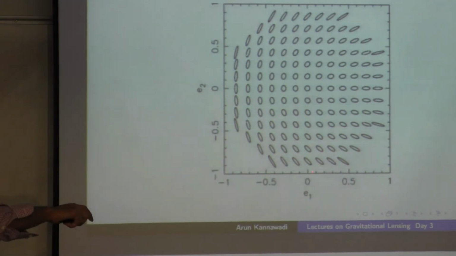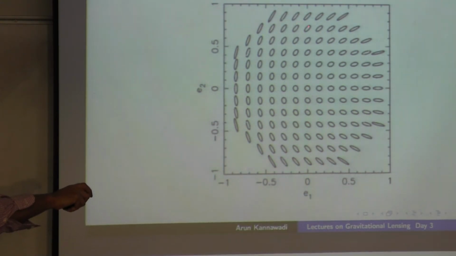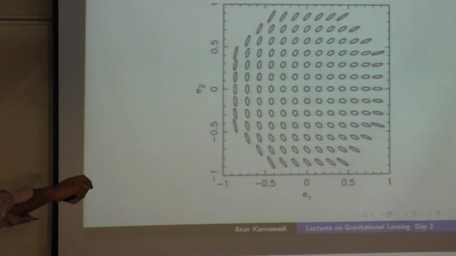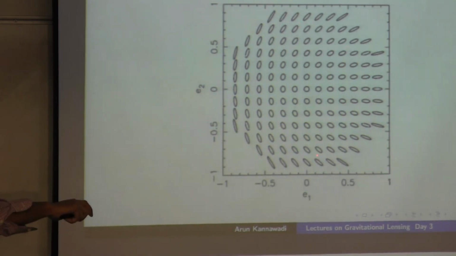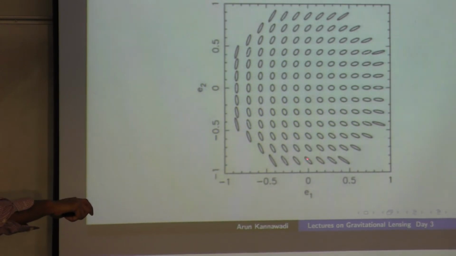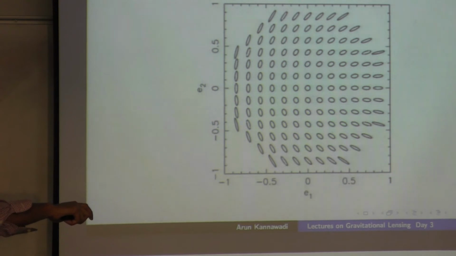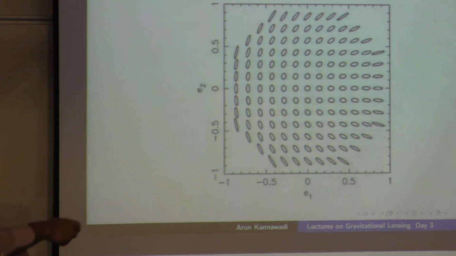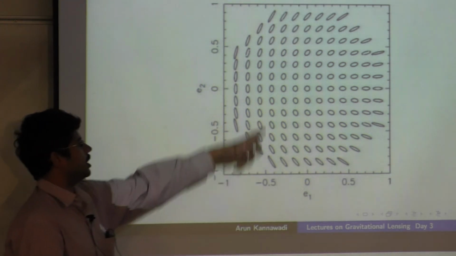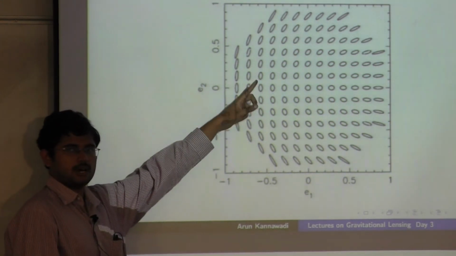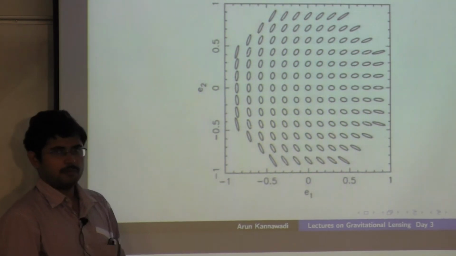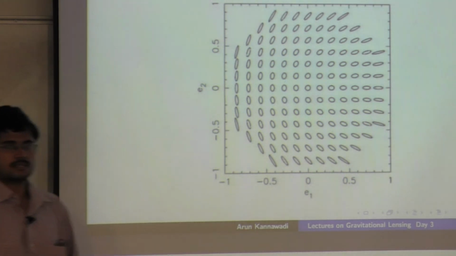If E1 is 0 and E2 is positive, you have stretching along a positive 45 degrees or pi by 4. And if E1 is 0 and E2 is negative, then you have it along 3 pi by 4 or 135 degrees. For different combinations of E1 and E2, you can visualize what the shape of the ellipse looks like.